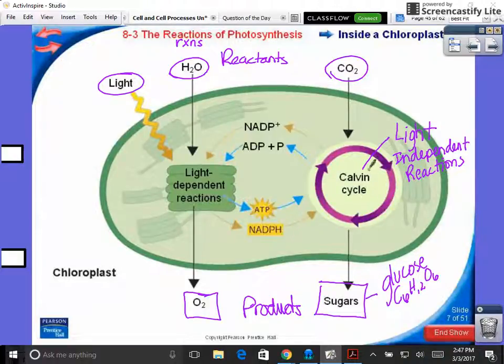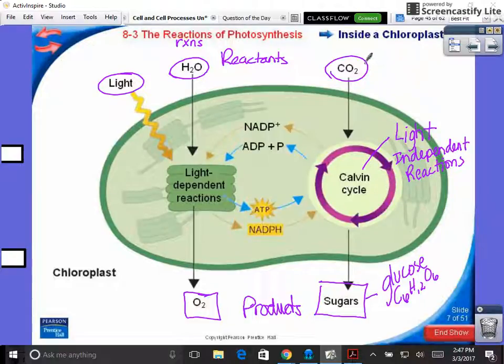So ATP helps the Calvin cycle. The Calvin cycle is named after the person who discovered it. It's known in our course as the light-independent reactions. Sometimes you'll hear somebody call it the Calvin cycle, sometimes they'll call it the dark reactions. If you watch the Crash Course video, he talks about the Calvin cycle and the discovery.